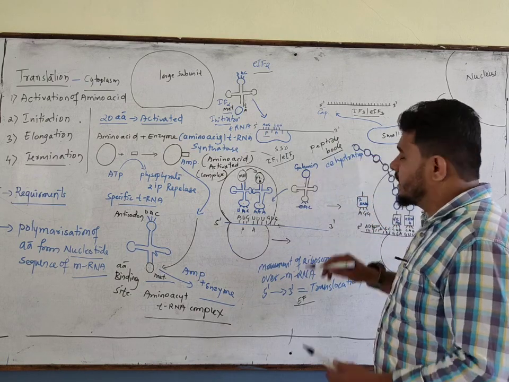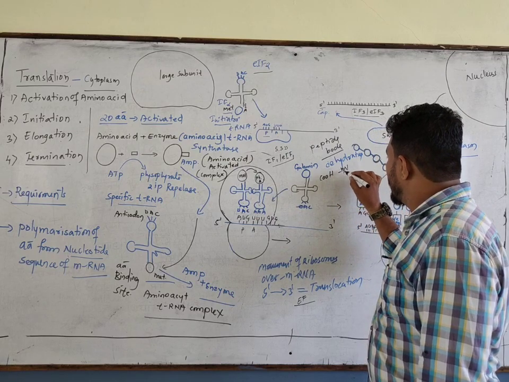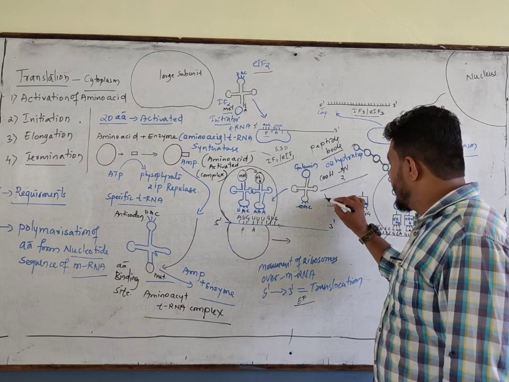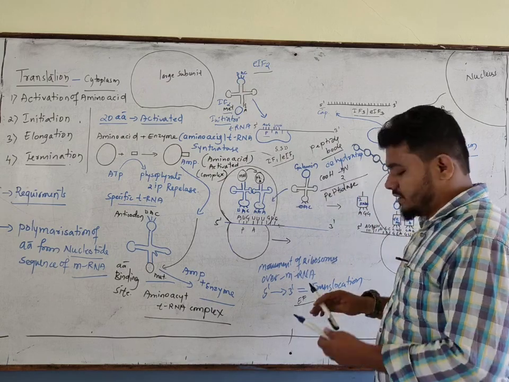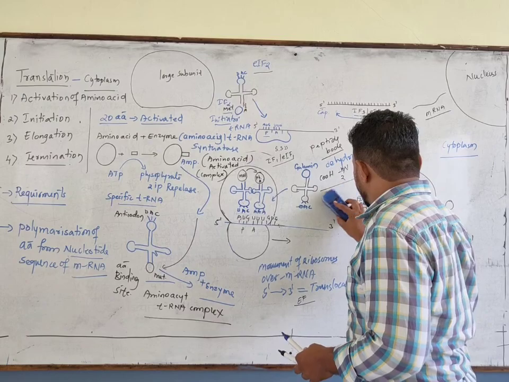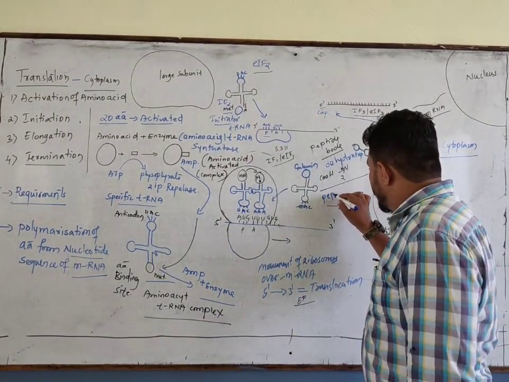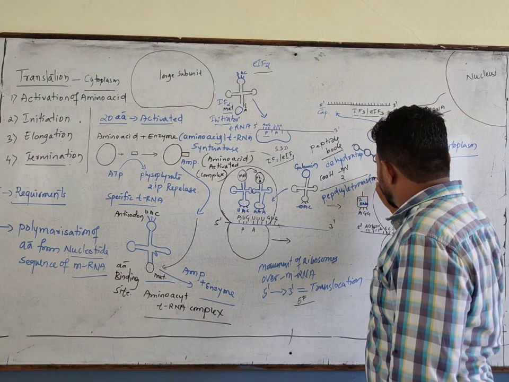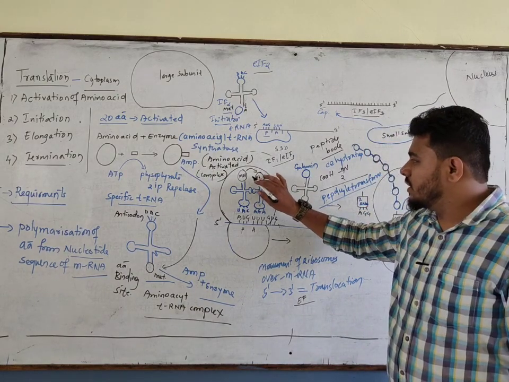The dehydration process takes place between the carboxyl group and the amino group, and this is initiated by the enzyme peptidyltransferase. Through peptidyltransferase enzymes, this works.